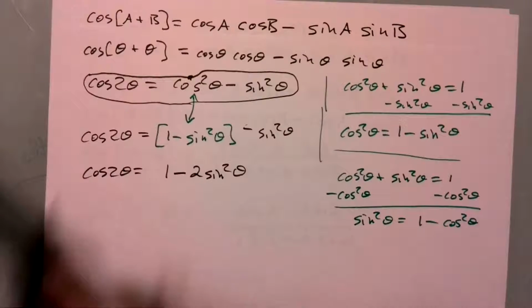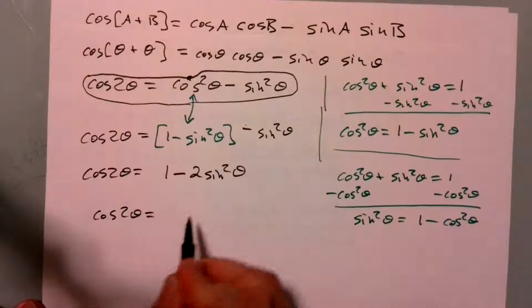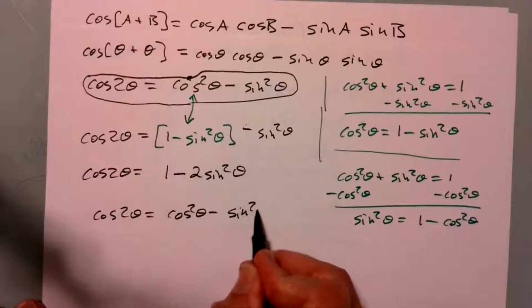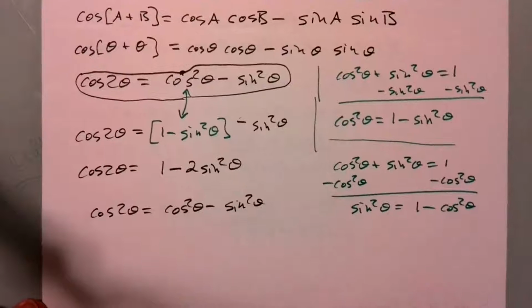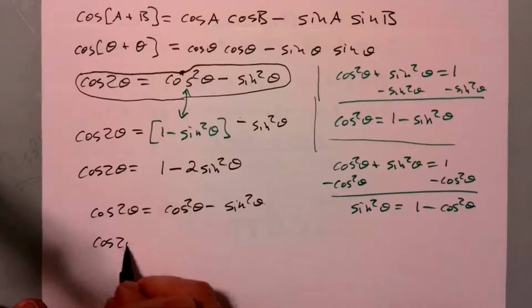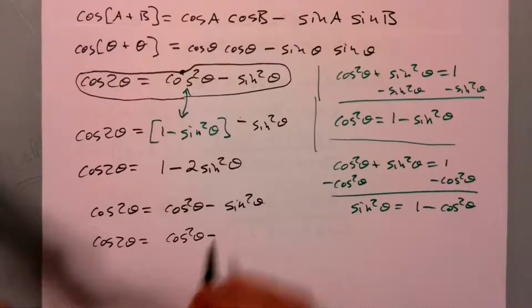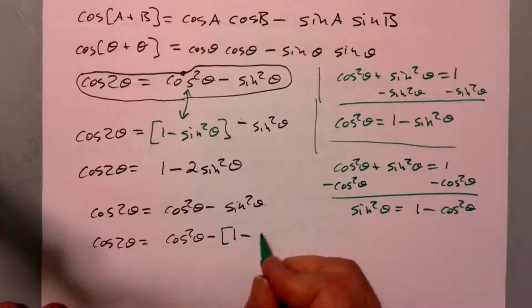So going back to what we have circled up here, what we have circled is cos 2 theta is cos squared theta minus sine squared theta. Now I've just substituted for sine squared theta. So I can say cos 2 theta is cos squared theta minus, what is sine squared theta? That is now 1 minus cos squared theta.